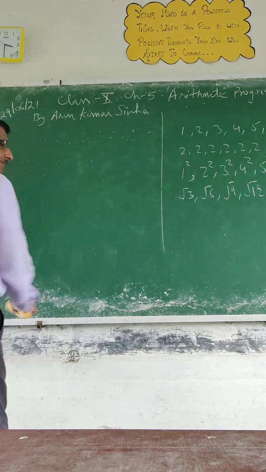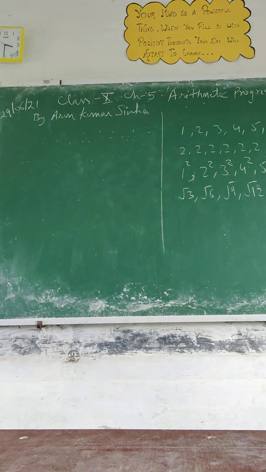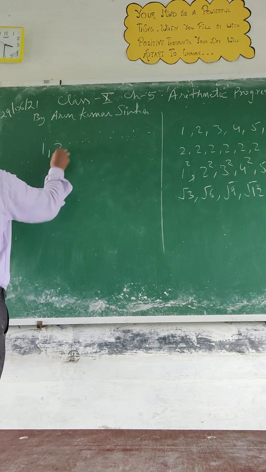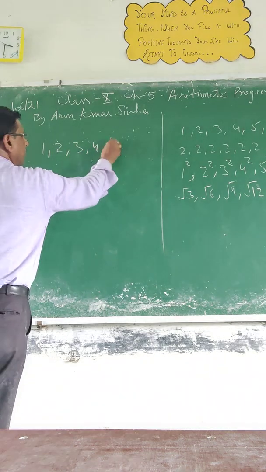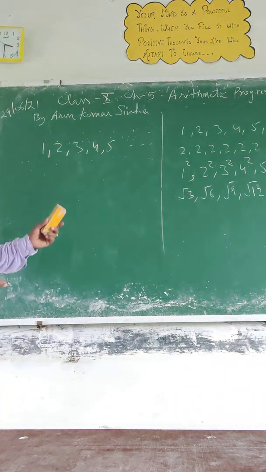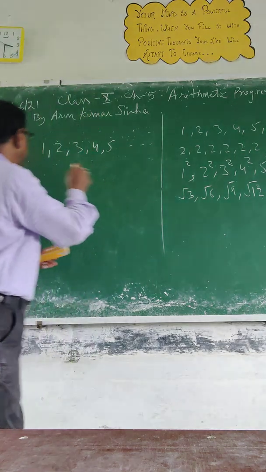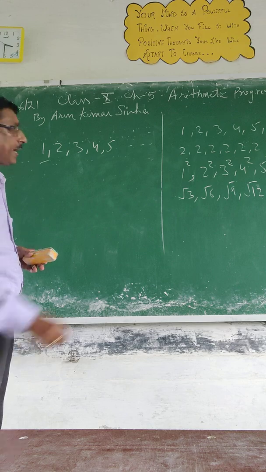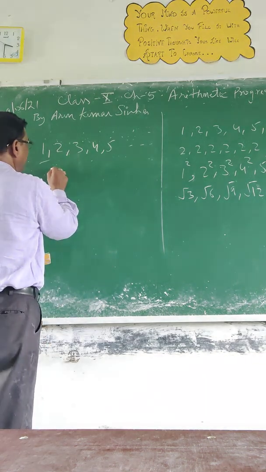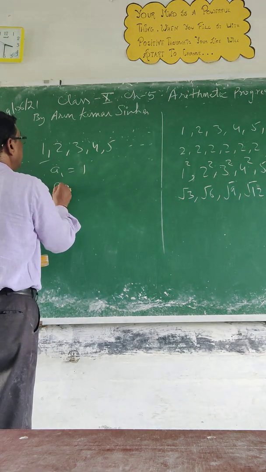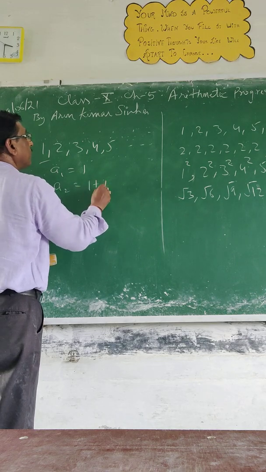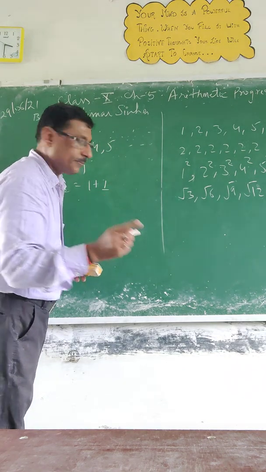First example: 1, 2, 3, 4, 5, and so on. We will first see whether the counting numbers form an AP or not. You can see this is the fixed term, A1, which is 1. Now the second term is 1 plus 1, we have added 1.